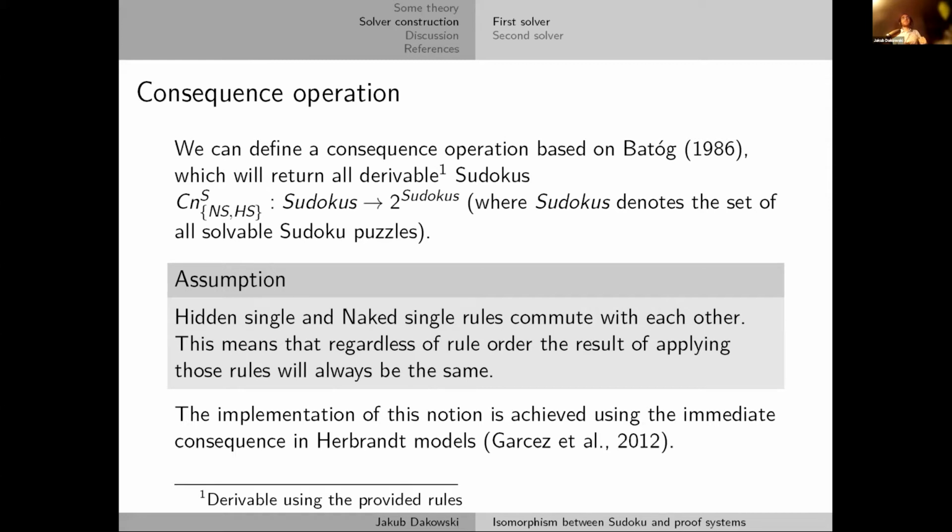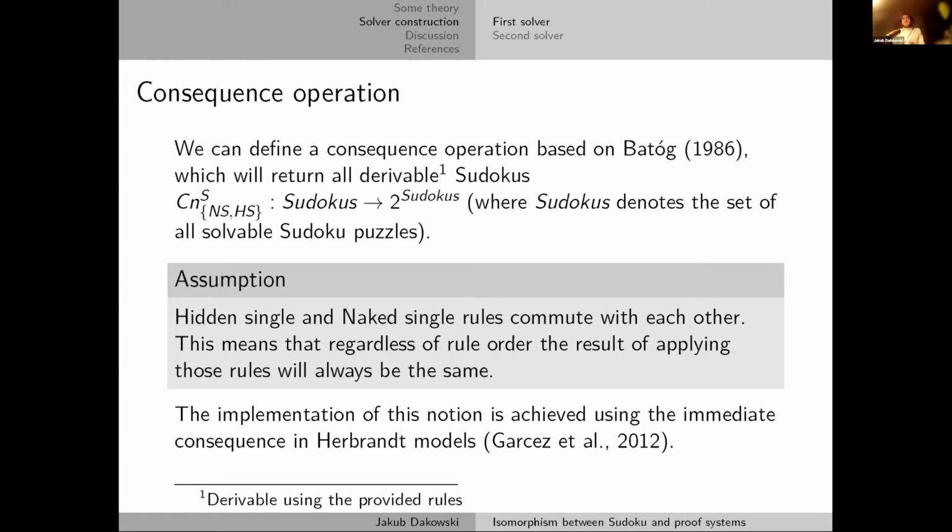Here, I modified this operation to basically encompass Sudokus. So we have a consequence operation that calculates every Sudoku that's derivable from a given Sudoku using these two strategies that I've already shown you.